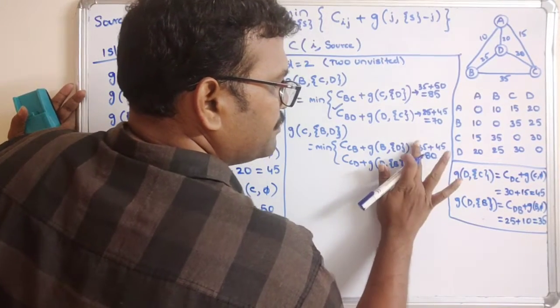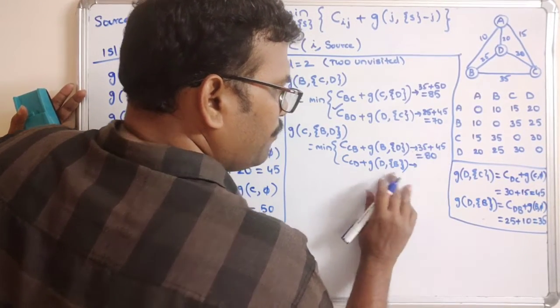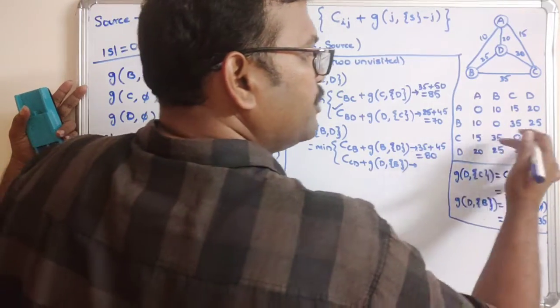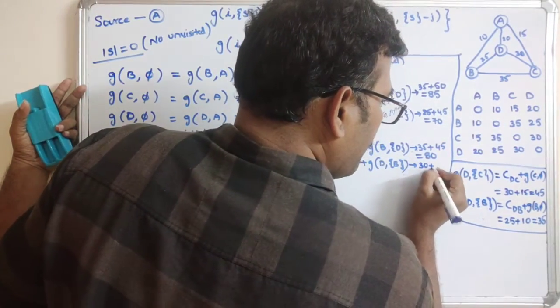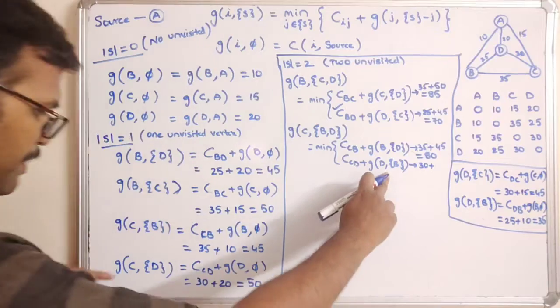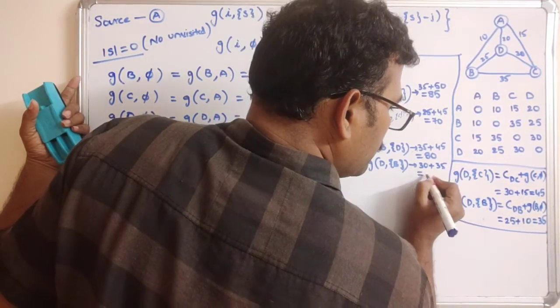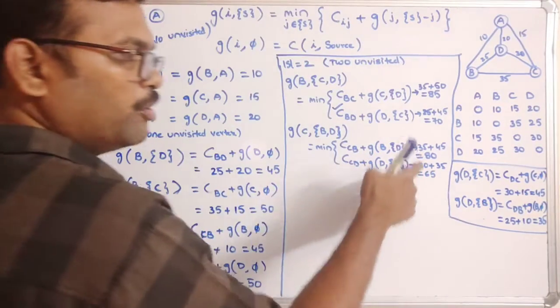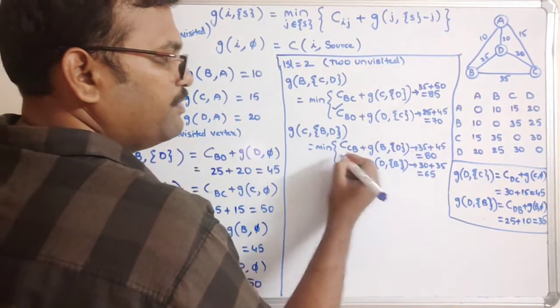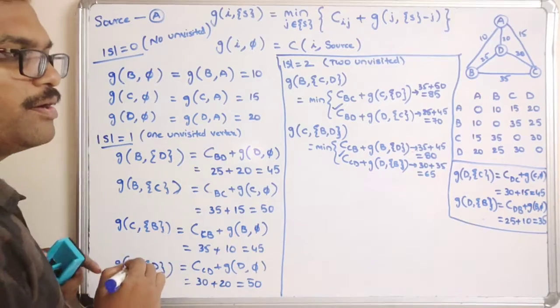And this one, CD, C to D 30, plus DB, here we have written DB 35, which is equal to 65. So among these two, which is minimum? 65 is the minimum. So this we have to consider.